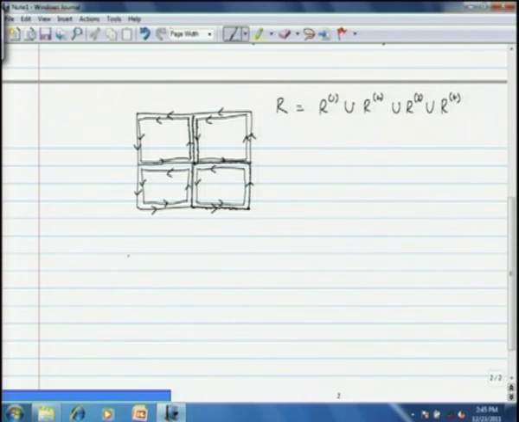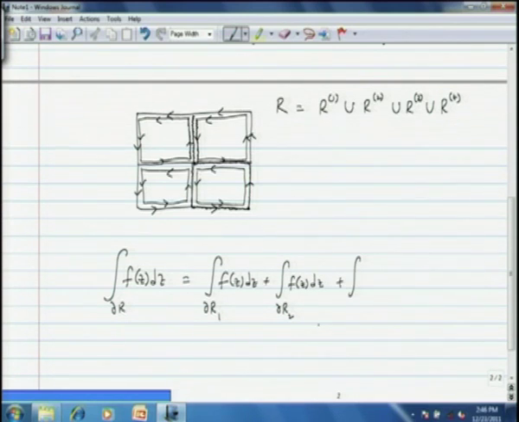So, what I mean is that when you consider the contour integral of f of z dz on del R, this is equal to the contour integral on del R 1 of f of z dz plus the contour integral on del R 2 of f of z dz, plus the integral on del R 3 of f of z dz plus the integral on del R 4 of f of z dz.